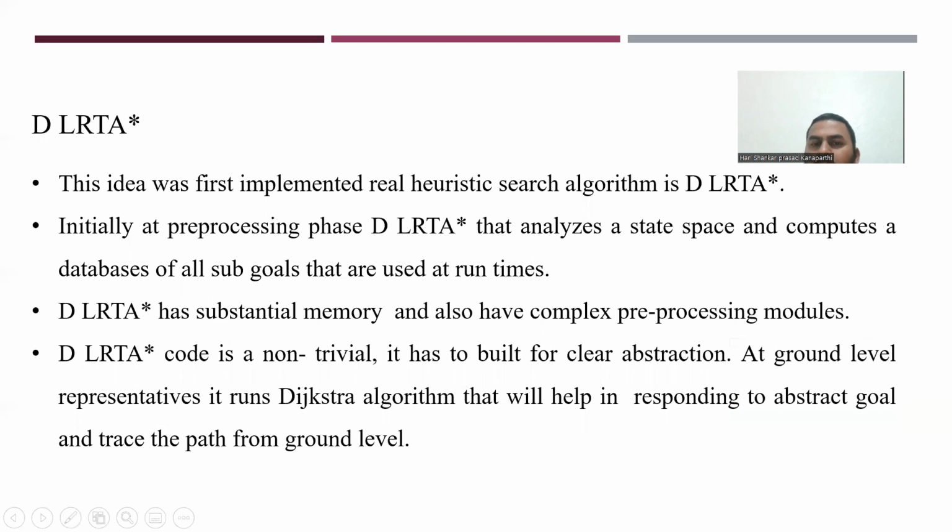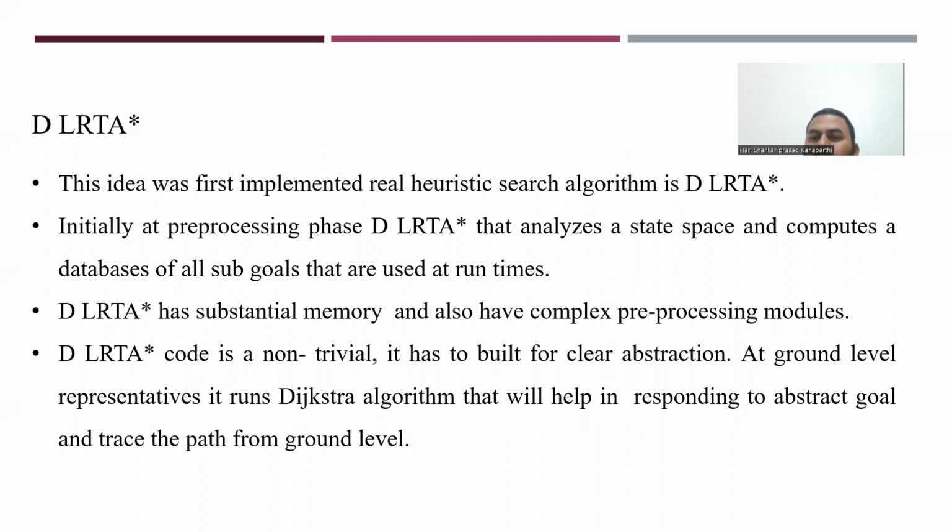It has substantial memory, around 70 times more than a normal algorithm, and has complex pre-processing modules, performing operations at a complex level. It is non-trivial code, with a Dijkstra algorithm at the initial stages.